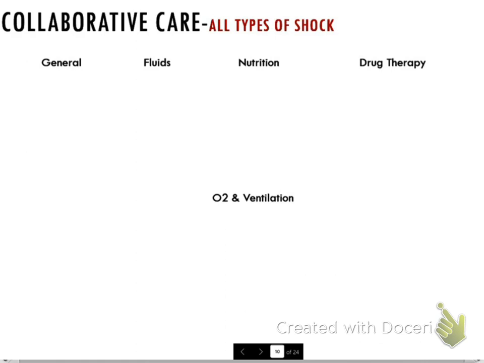Because if you think about it, cardiogenic is not really fluid related. As a matter of fact, the heart can't pump what it has, so why would we add more? It's already having a hard time with what it has. So with the cardiogenic patients, you want to be really careful about giving them any fluids.